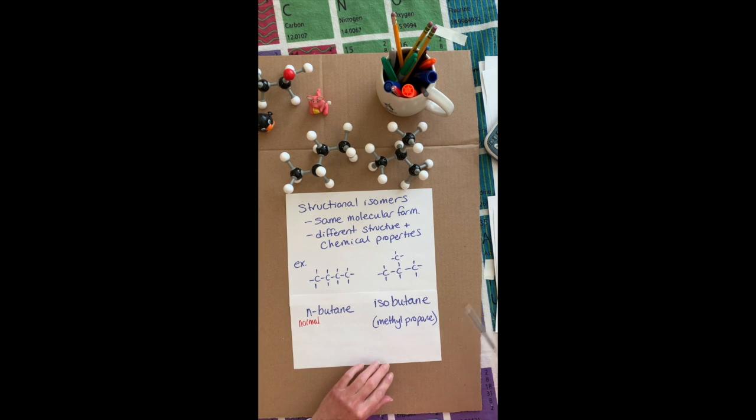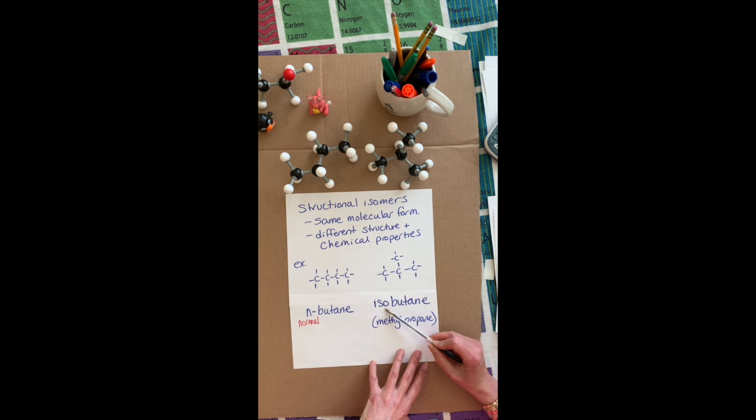The structural isomer here for butane would be what we call isobutane, and you'll see that we have the exact same number of carbons and same number of hydrogens, therefore the same molecular formula, but it's a different structure.